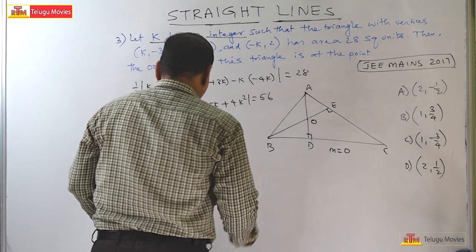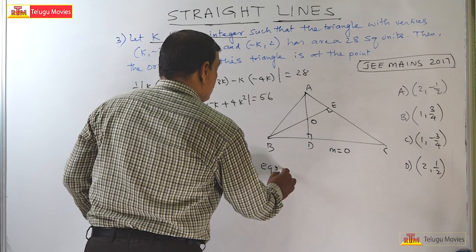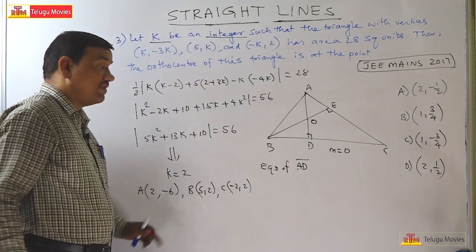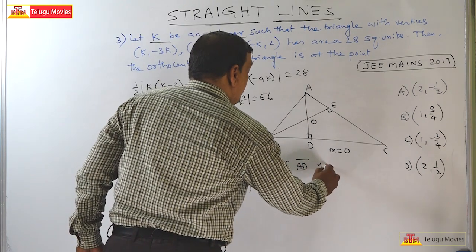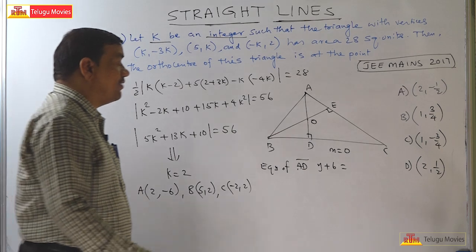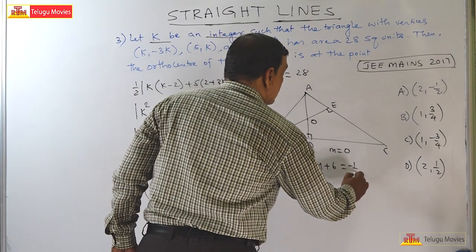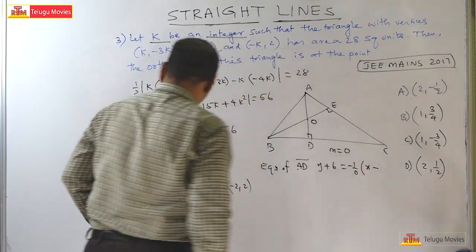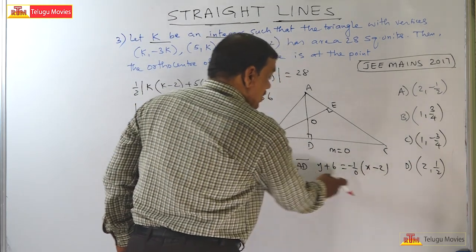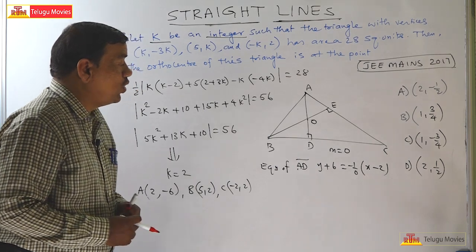So what is the equation of AD? Equation of AD will be y minus y1 equal to m times x minus x1, where m is minus 1 by 0. So y plus 6 equals minus 1 by 0 times (x minus 2). If you cross multiply, that becomes 0 equal to x minus 2.